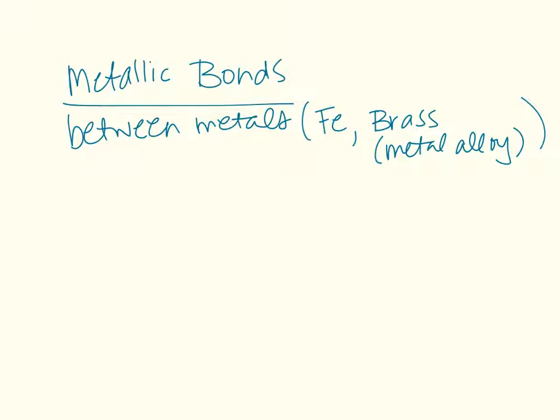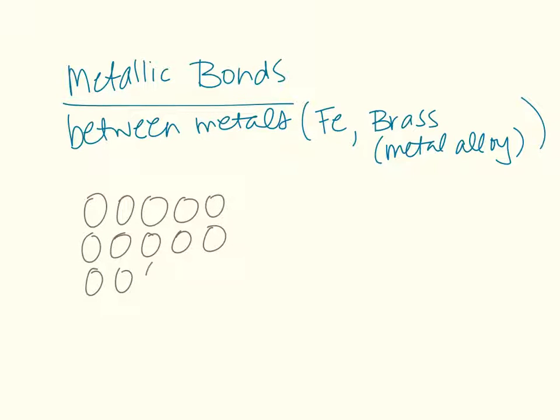So when you have these metallic bonds, you have to think about what's happening on an atomic level. So we have these atoms that are lined up in an organized fashion. Okay, and each one of them, we're just going to say this is iron. So each one of these is an iron atom.